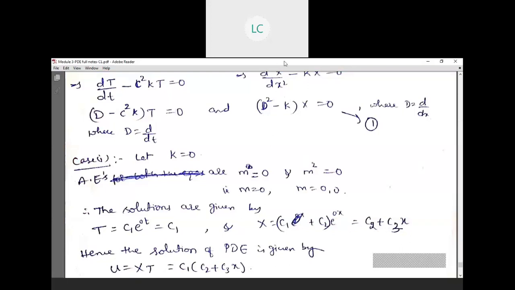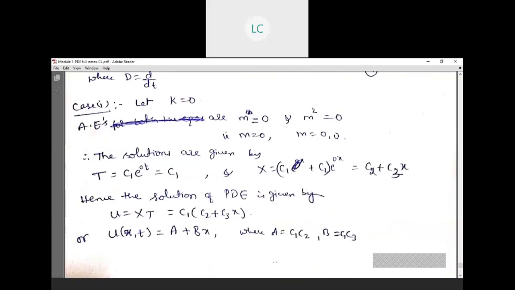Wait, sorry, here make one correction. X is equal to c2 plus c3 x, because already I used c1 here, no? That's why here consider c2 and c3. Here I have written correctly. Okay, that's why the final solution is u is equal to XT, c1 into (c2 plus c3 x).